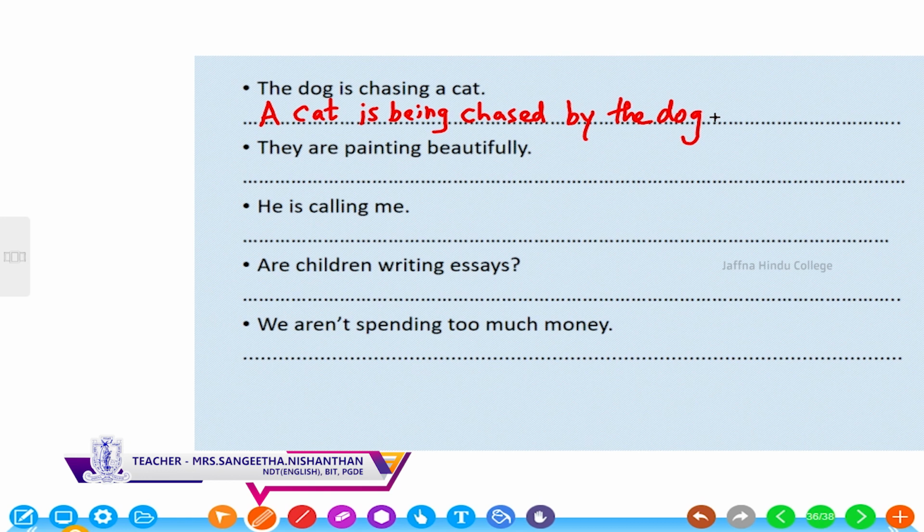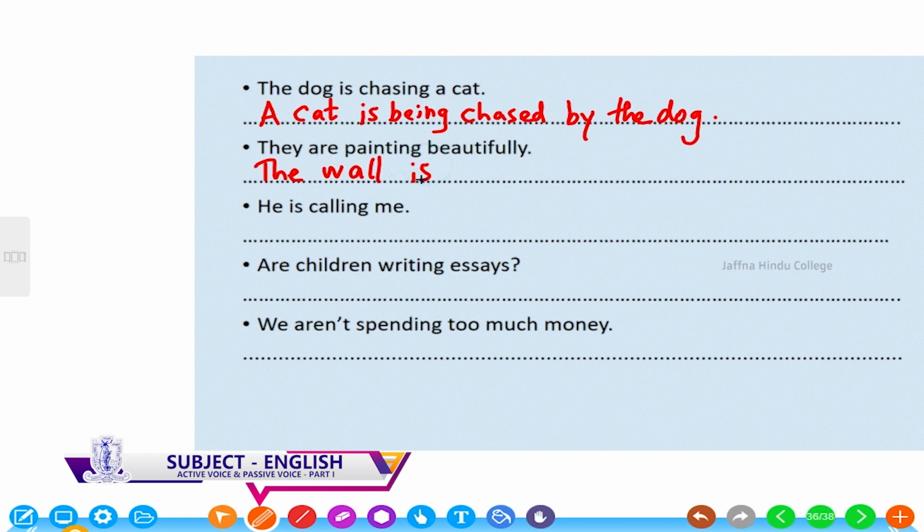They didn't give you the object. So, we have to put an object. I put the wall. They are painting the wall beautifully. I assume so. So, the wall, singular, present continuous. So, is.